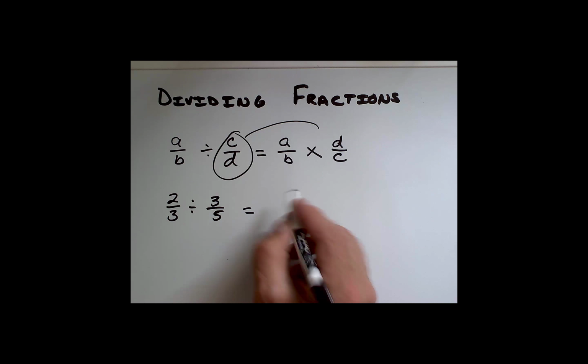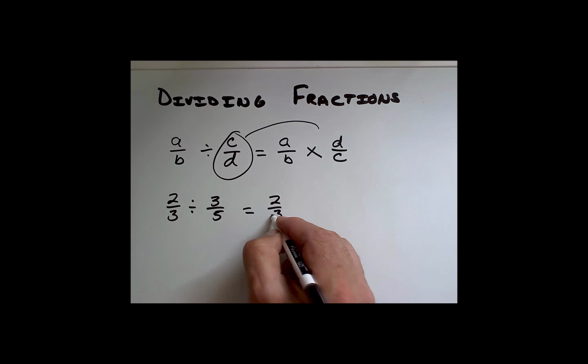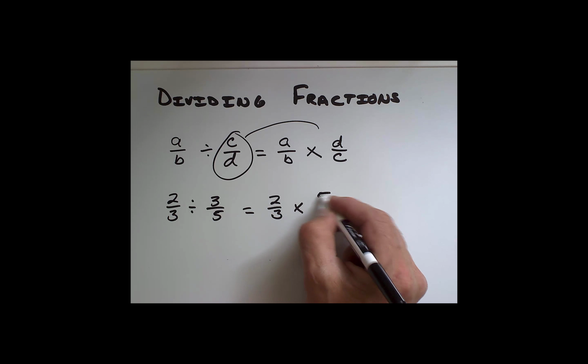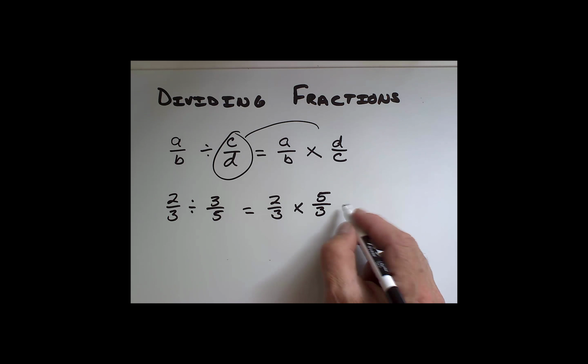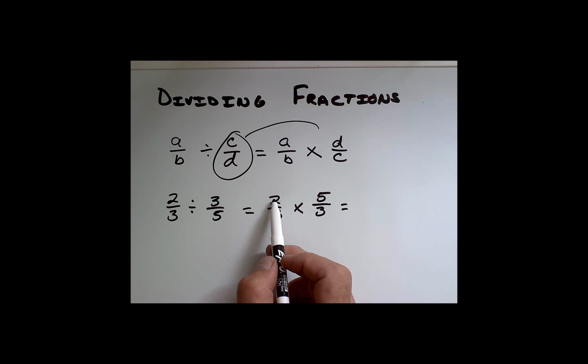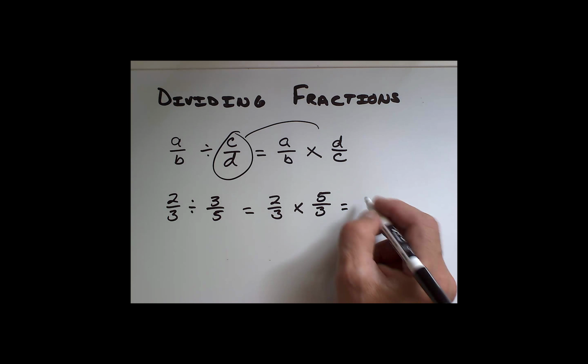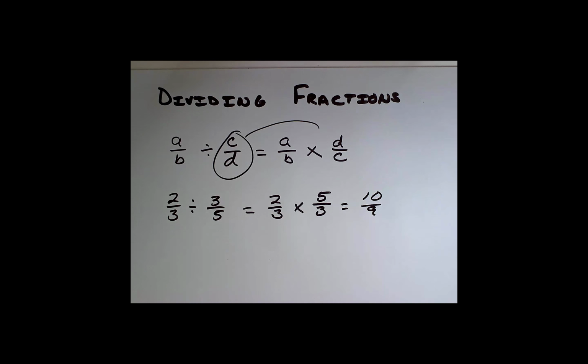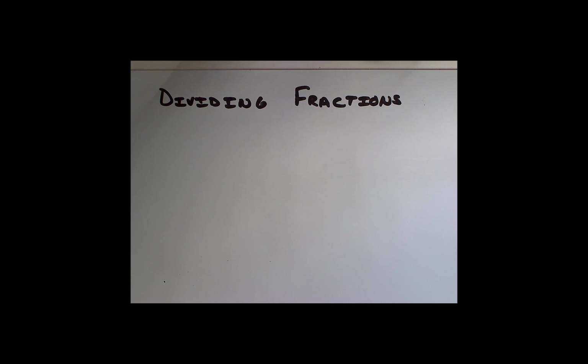So this is the same as saying 2/3 times the reciprocal of 3/5, which is 5/3. Now we can multiply this through. 2 times 5 is 10, 3 times 3 is 9, and that would be the answer to 2/3 divided by 3/5.